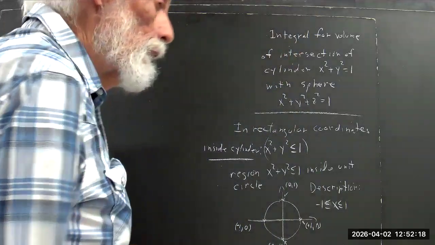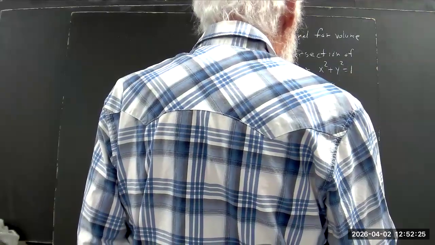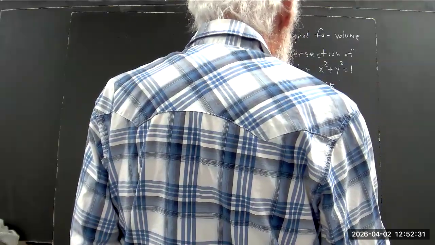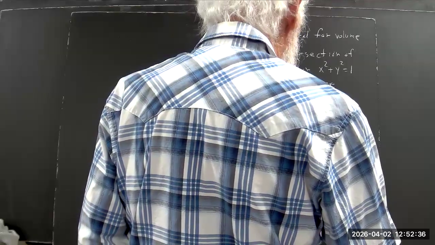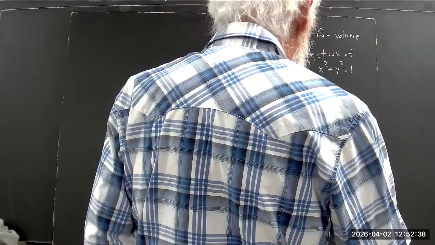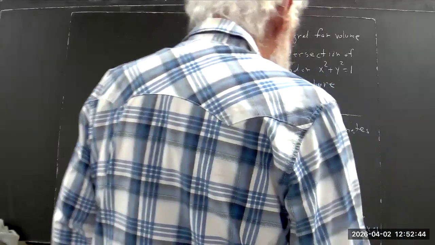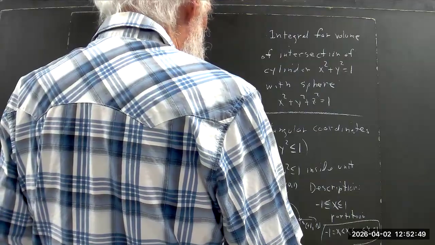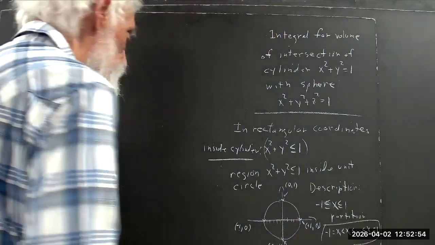I say we partition the interval from -1 to 1. There's a partition. We partition the x-axis.